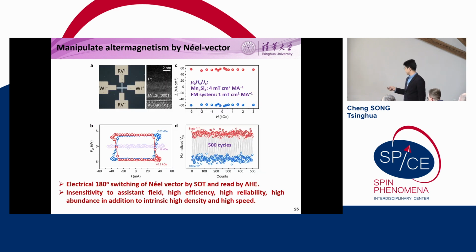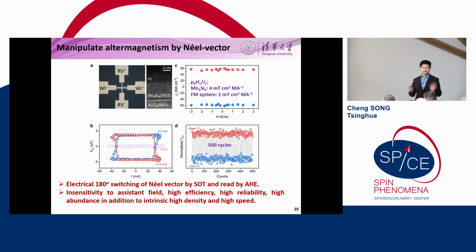We also demonstrate this effect here. We fabricated these Hall devices and tried to measure this. With the assisting field and the critical current, we can see the switching is here. Different from traditional spin-orbit torque in ferromagnets, the critical current is not so sensitive to the assisting field, because the assisting field mainly works on the net moment, and the effective field from the spin-orbit torque current works on the Néel vector.